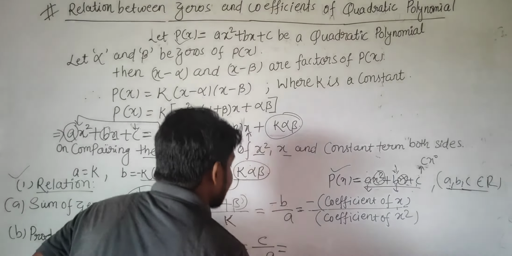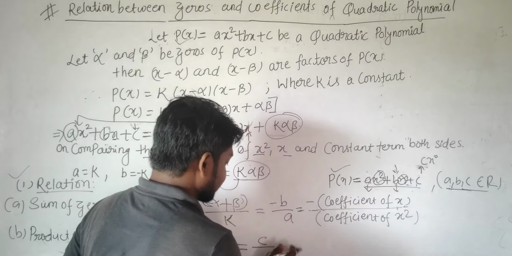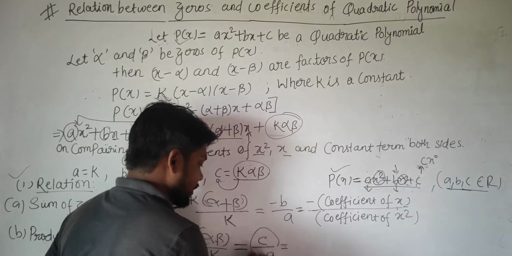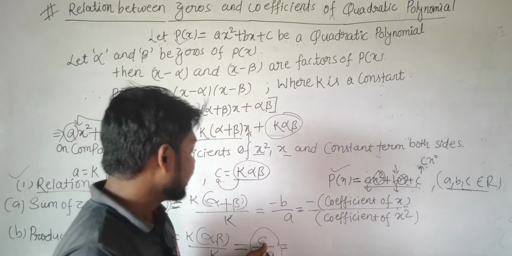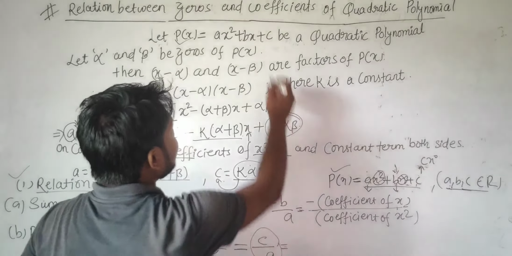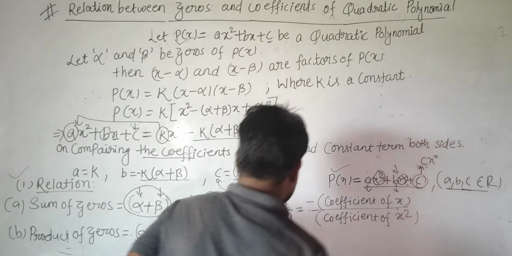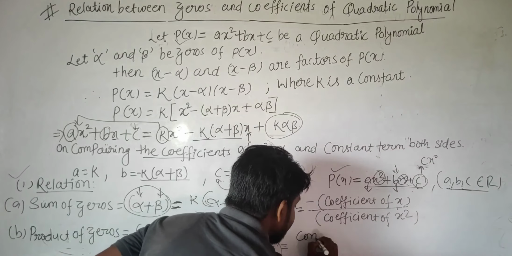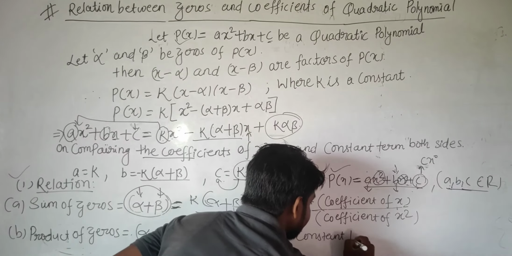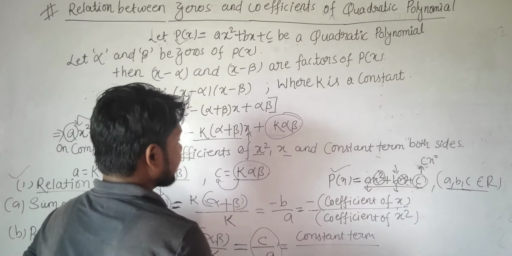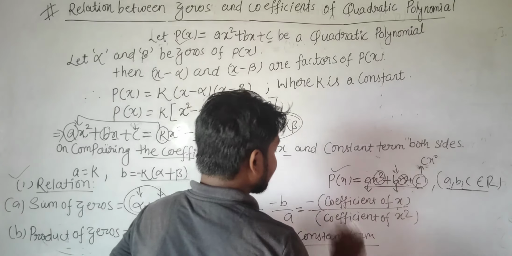If we look at this part, the numerator is c, and c is the constant term. Divided by a, and a is again the coefficient of x square.